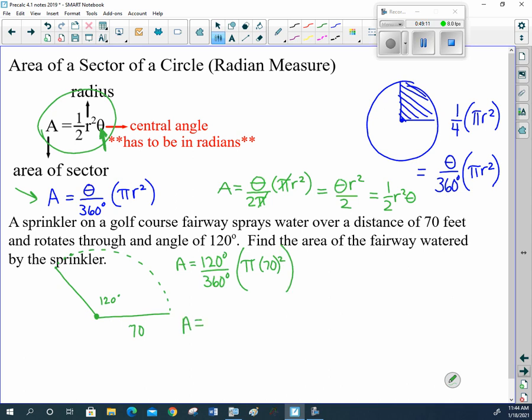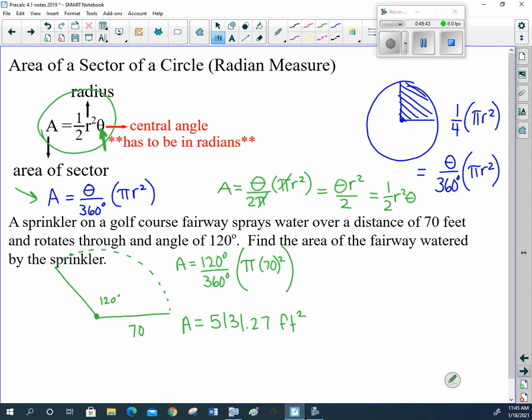Let's just go ahead and figure that out. 120 divided by 360, times pi and r squared. So I get 5,131.27 feet squared.